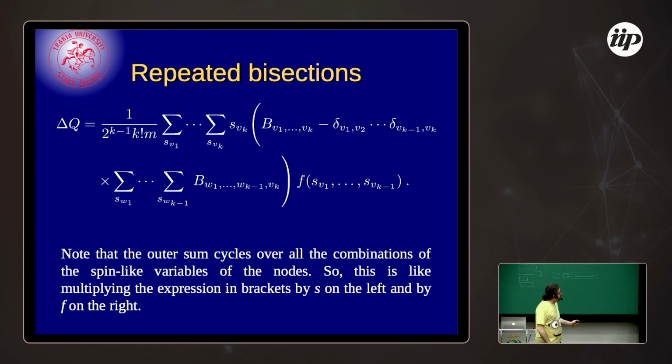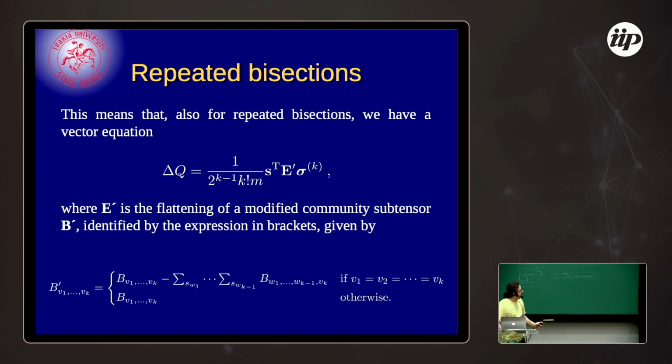This thing here sums over all the possible spin-like combinations of the nodes, all of them, which means that inside here you are still considering all the elements of the community subtensor, which means that since the variables are separated once more, this is again a vector equation like the previous one, precisely.